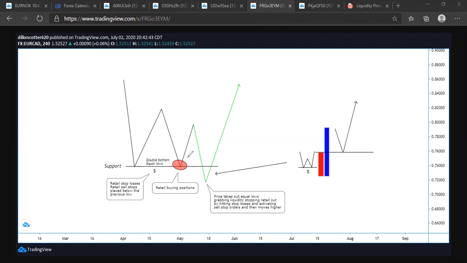Has any manipulation occurred yet in this area? And if your answer is no, or if you don't know, I have a YouTube video from the past, I think it's called Market Manipulation or something like that. I would go and take a watch of that so you can understand more about how price gets manipulated in certain ways.